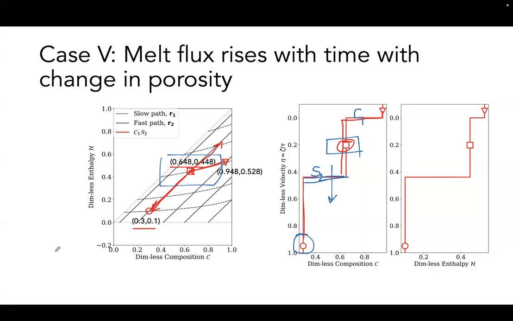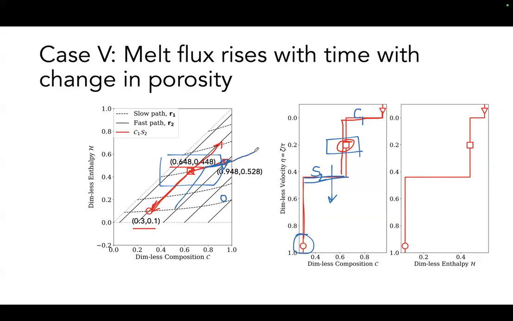So moving forward, we think about the case where, rather than this point, our left state was here and the right state was here. In that case, you cannot go on the slow path and then go on the fast path, because you can only go up to C equals 1.